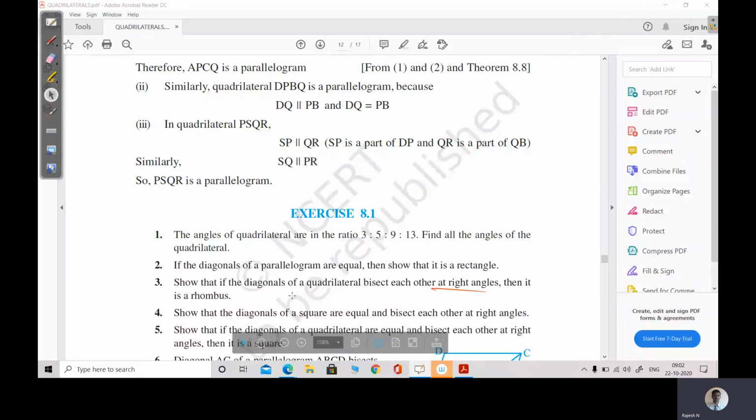Next question number 4. Show that diagonals of a square are equal and bisect each other at right angle.